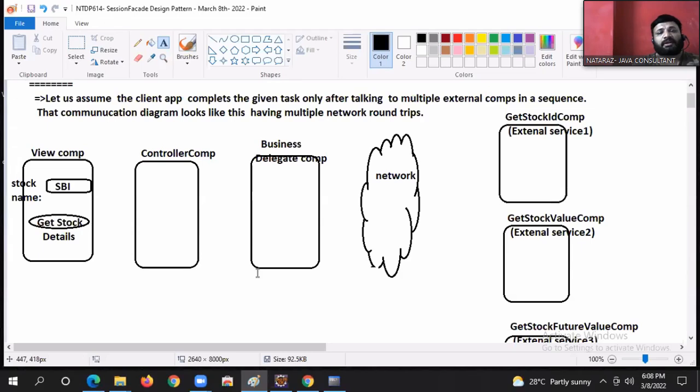The stock value goes to the controller component. This controller component forwards to the business delegate component.